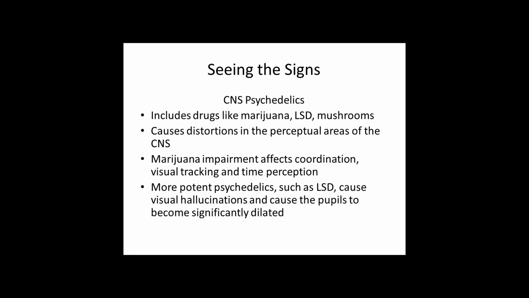There's also an involuntary muscular response that occurs when someone's under the influence of marijuana that can be useful for a field sobriety test. Generally, if you ask someone to track something back and forth, and then you bring that object, say a pen, toward their face, touching the tip of their nose, and continue to ask them to track it with their eyes, for someone who is sober, their eyes will cross.